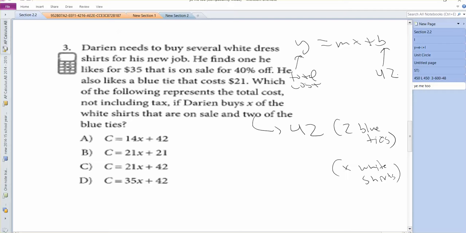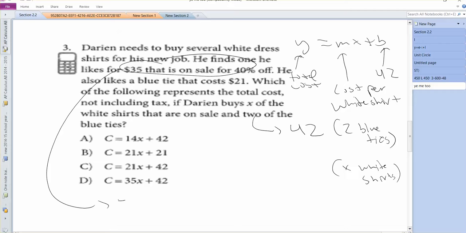So m, in this instance, is going to be the cost for a white shirt. And that's how we extract the slope from the word problem. It's not going to be $35, by the way. That will be, I think, 21. You should use a calculator, by the way. Calculator is allowed. But I believe that will be 21.